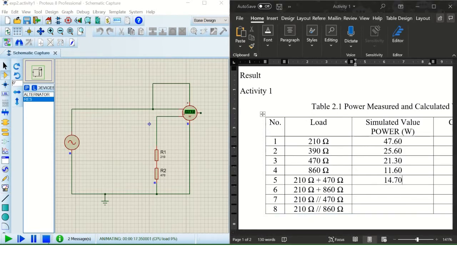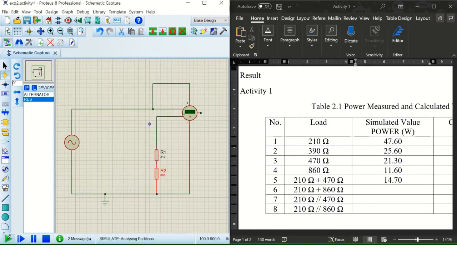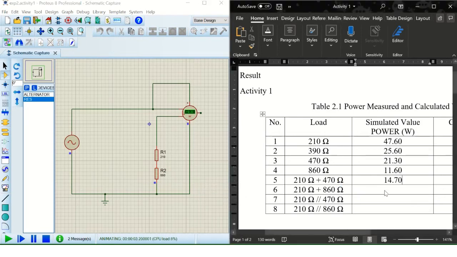Okay, so let's see when R2 is changed to 860. So I change it to 860. Okay, simulate it. So the reading of the power in R1 and R2 is 9.34 watts.